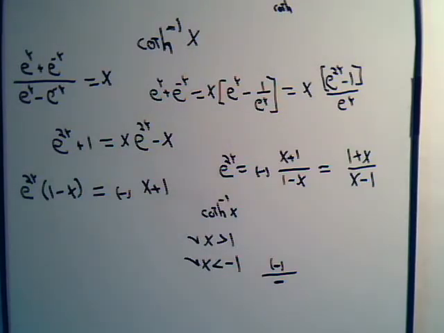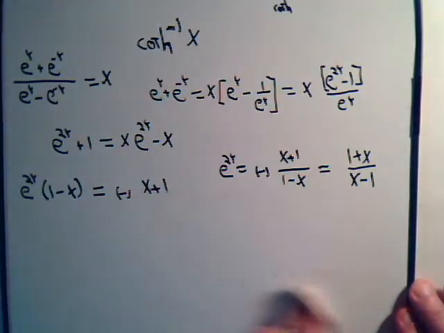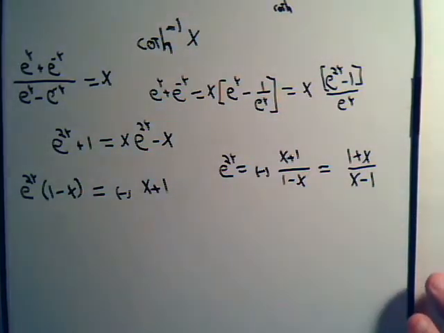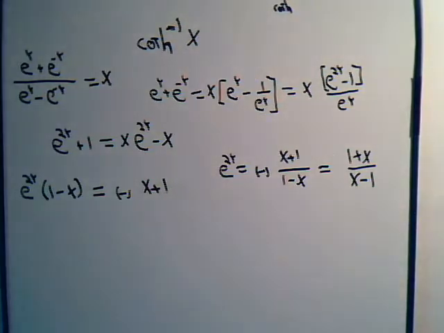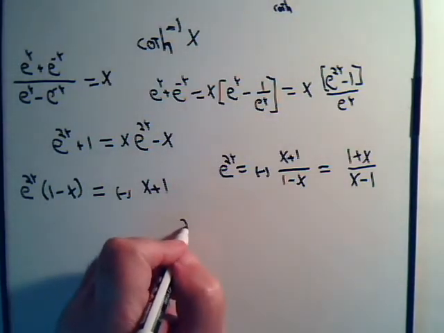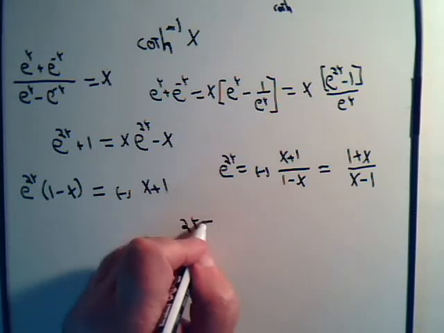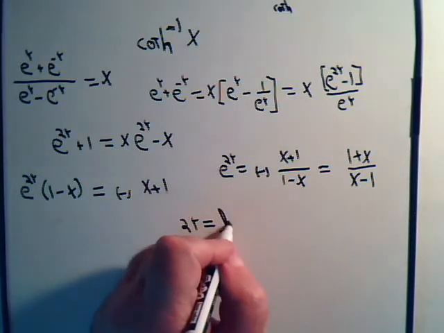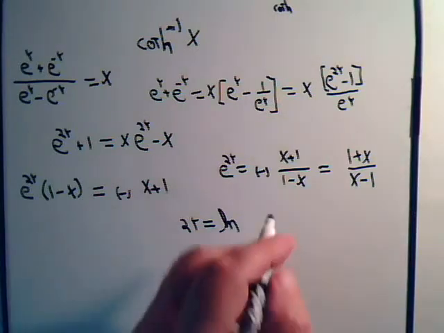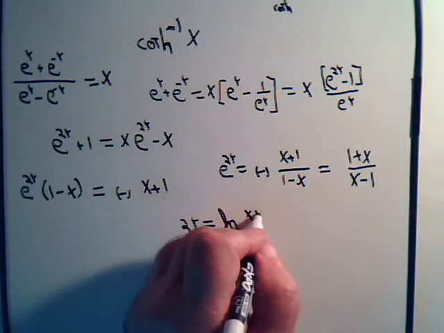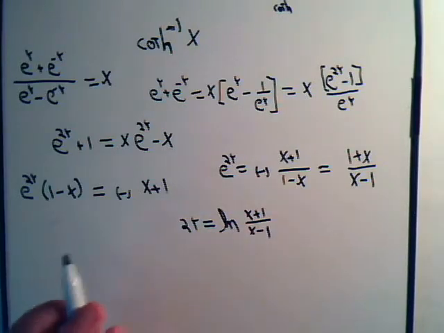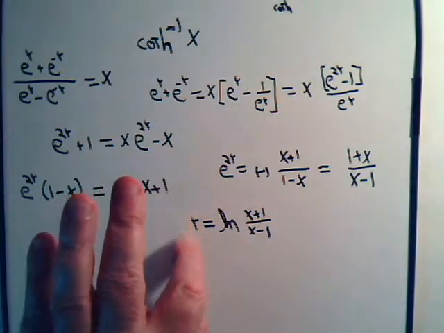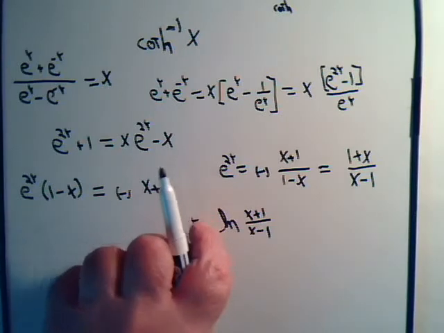So let's get to the end here. We can take the natural log of both sides, and we'll have 2y will equal the natural log of x plus 1 divided by x minus 1, or y will just equal 1/2 of that.